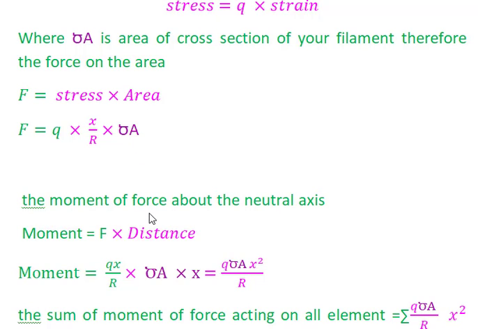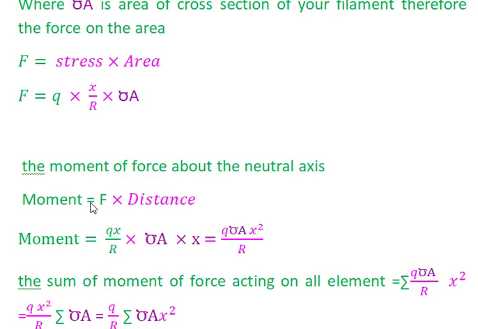Next, having determined the force, we find the moment. The moment of the force about the neutral axis is force into distance. The force is Q x by R into del A, and the distance is x.